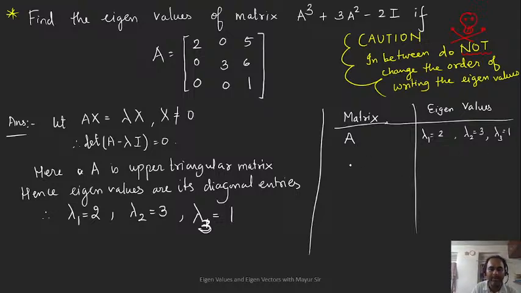So eigenvalues for A square will be lambda 1 square, which is 4, lambda 2 square, which is 9, lambda 3 square, which is 1.